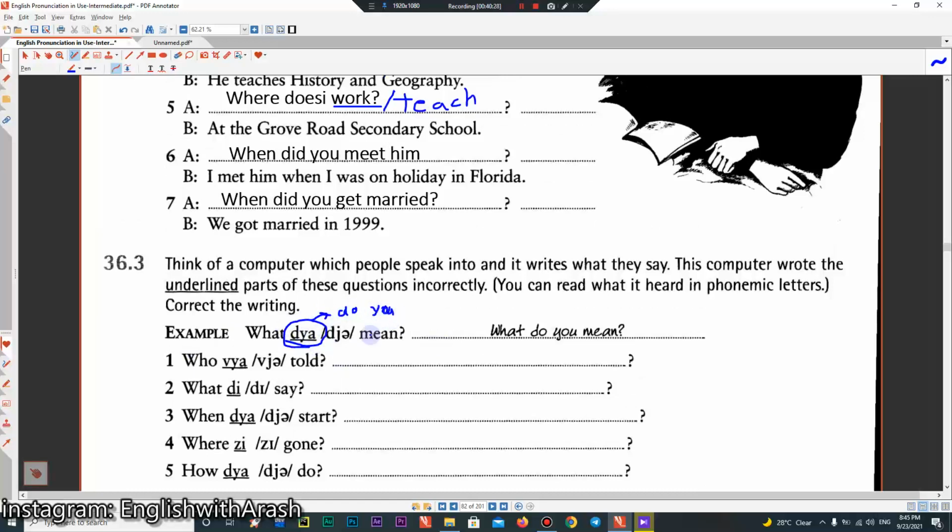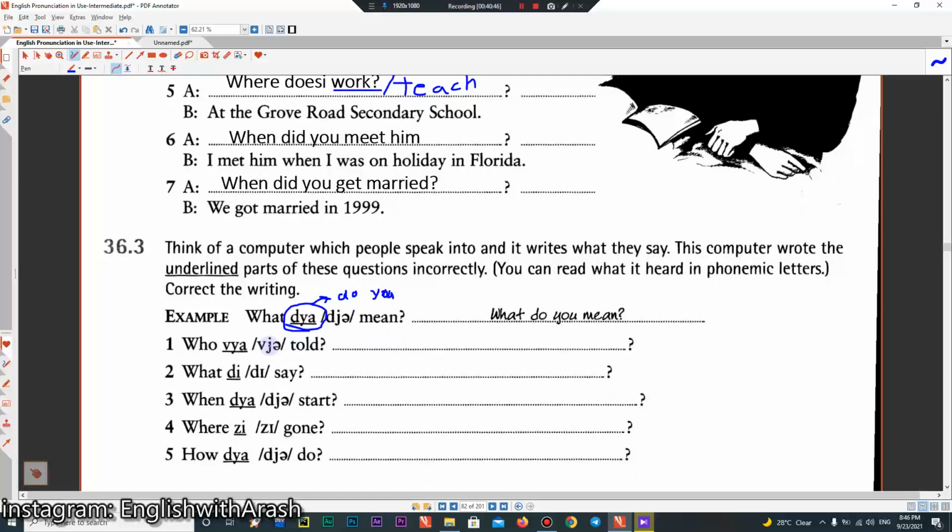What do you mean? I wanted the computer to write this for me, but the computer didn't do that. Because I said, what do you mean? Now, let's go to number 1.